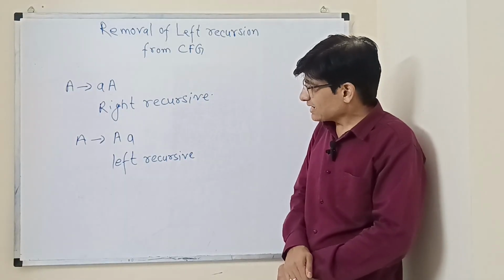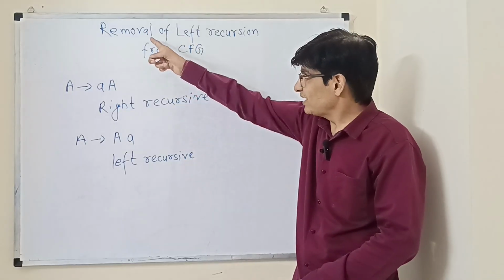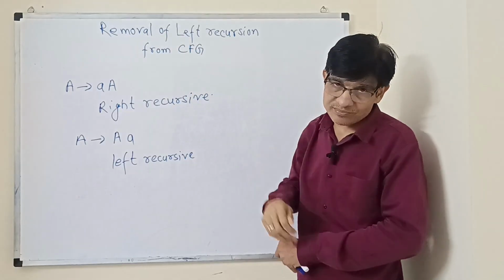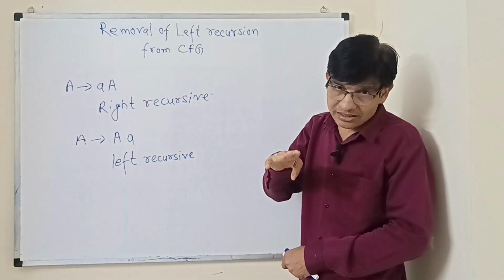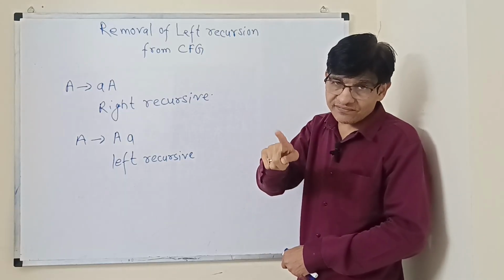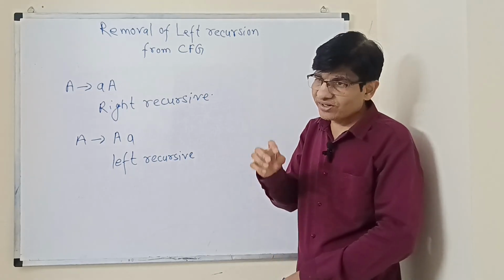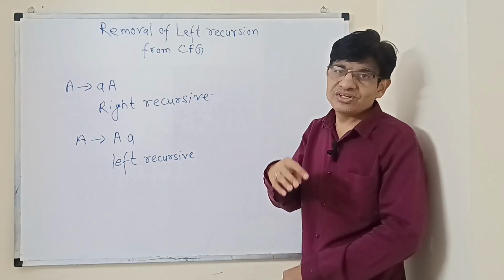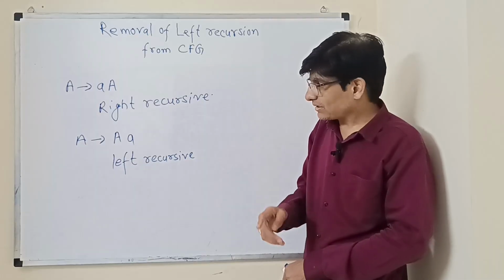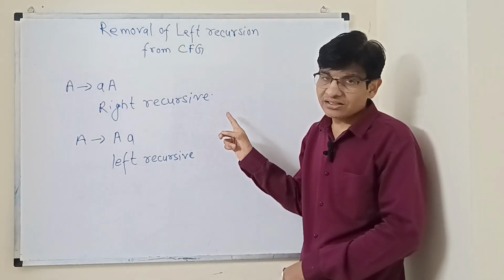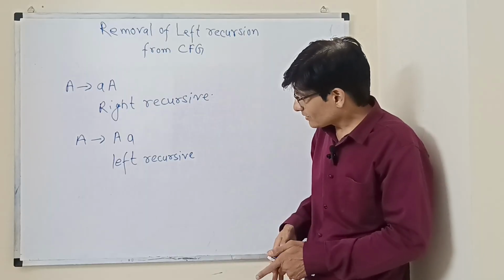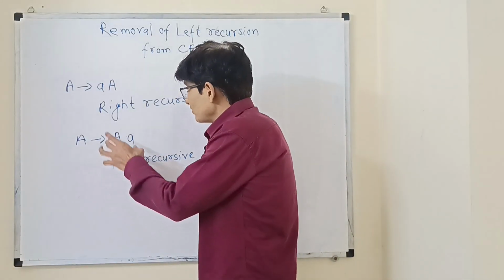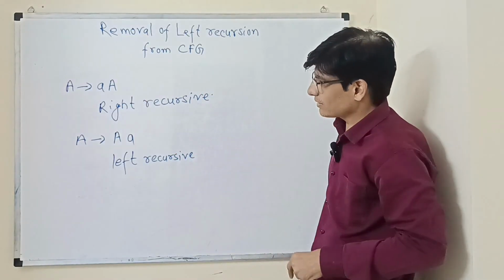As the topic of this lecture is removal of left recursion from CFG, it means we are converting left recursion into right recursion. If recursion is there in grammar, then we cannot remove this recursion, but we can simply convert it from left recursion to right recursion.